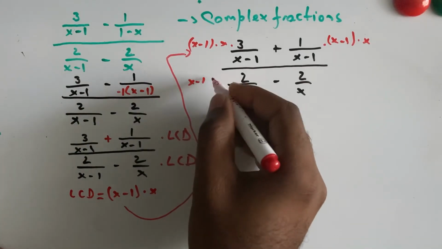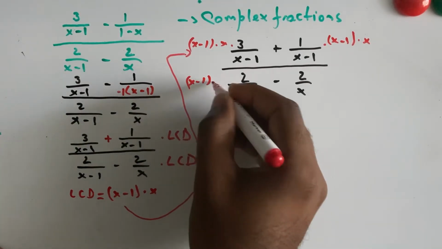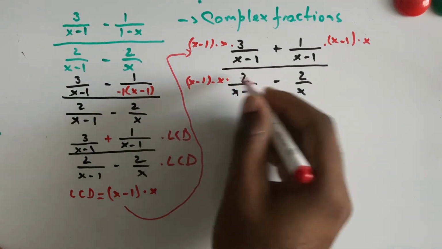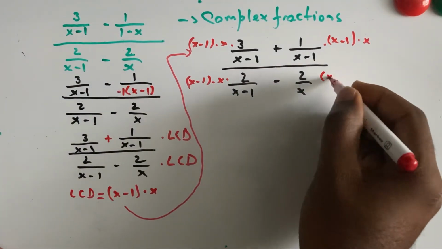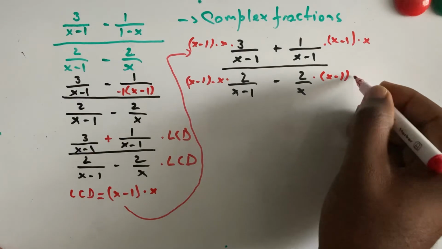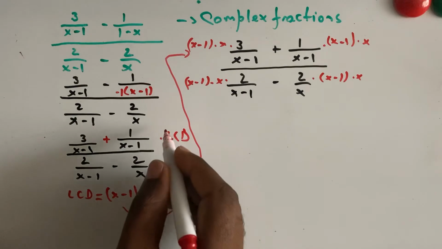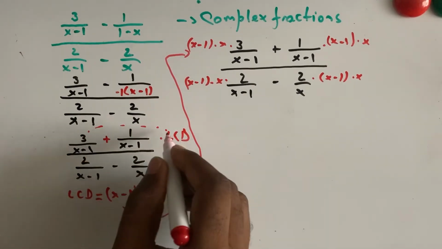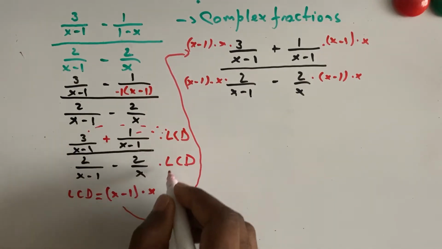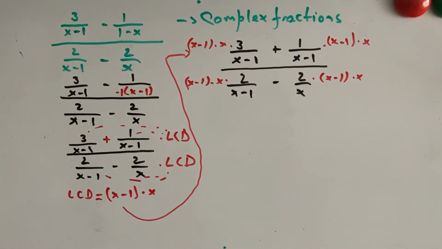X minus 1 times x times this. X minus 1 times x. Okay, that's how you do it, because remember, from here you would distribute, so the LCD would be this times this, this times this, this times this. Okay, so you would distribute.